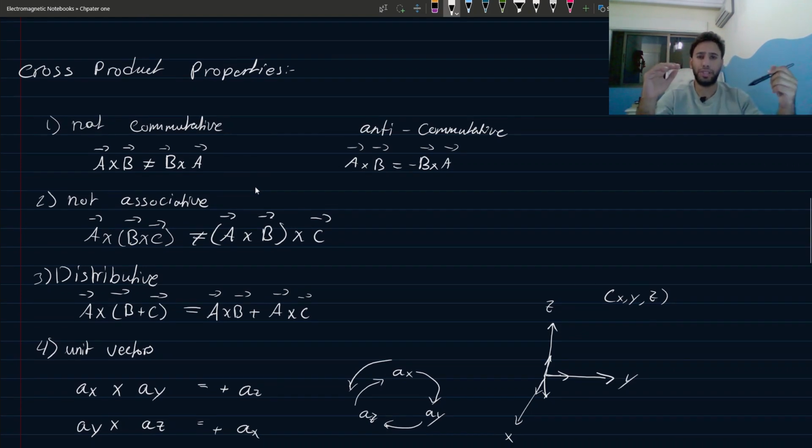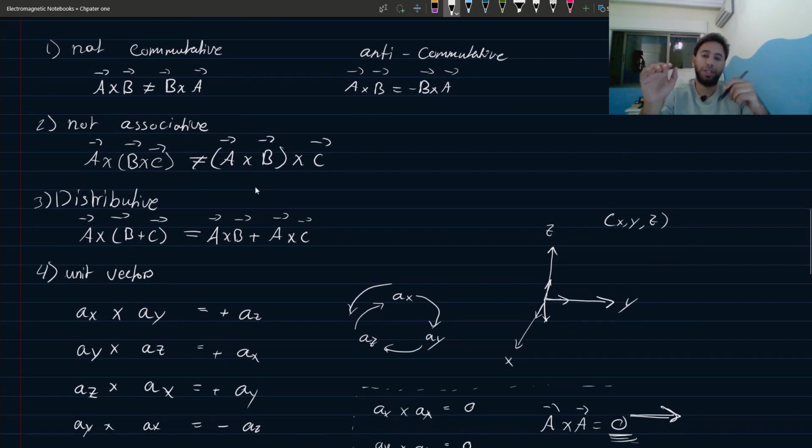It is not associative, so we cannot just take out the parentheses and put them wherever we want to make it easy for us, which is very unfortunate. But it is distributive. If we have A cross two vectors added to each other, we can distribute the cross product over the addition.